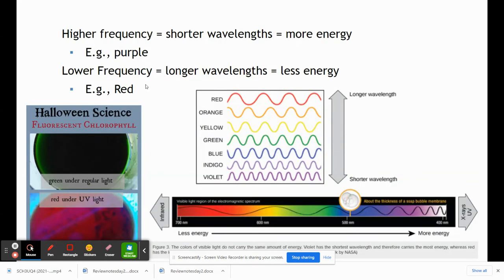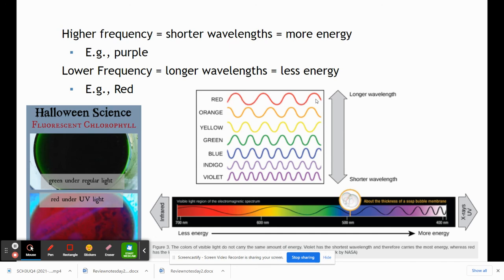Here you can see that generally when you're talking about light, there's a reading about this that you'll do. The colors like red have low energy, and the colors like violet, like I said, have higher energy. And it all has to do with what's called the wavelengths. So notice the red is a large wave, and because it's a large wave, we say it has low frequency.